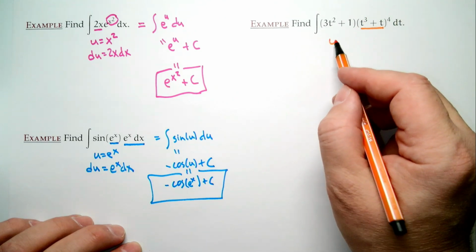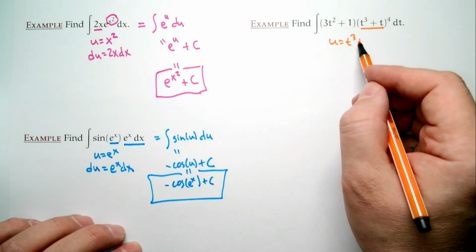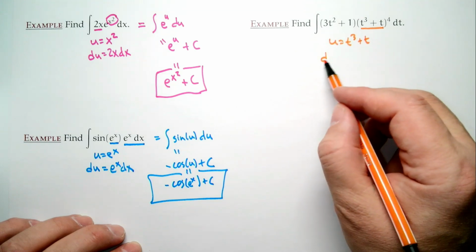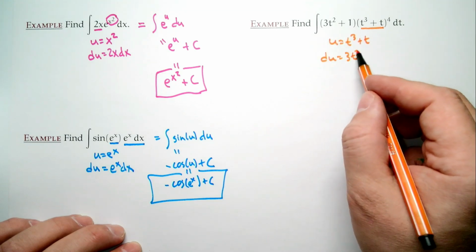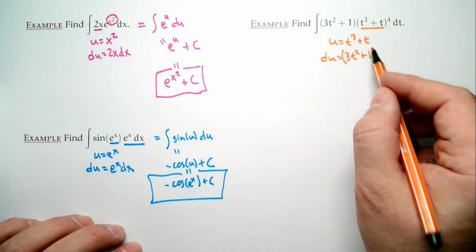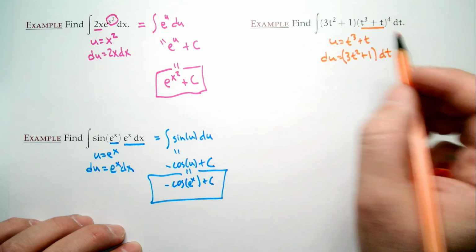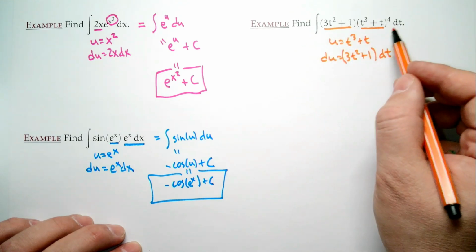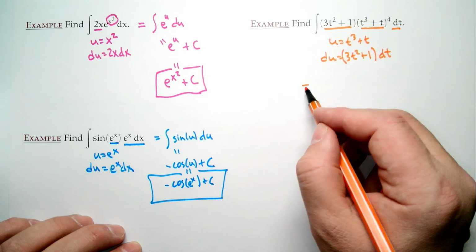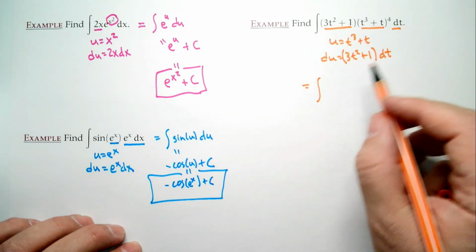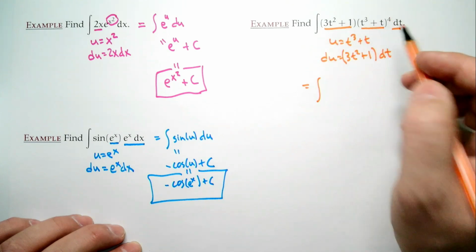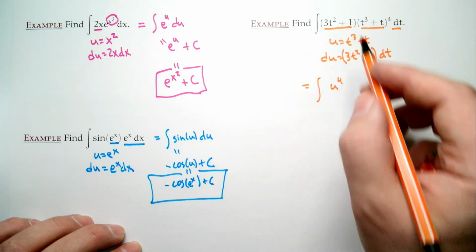So if you set u equal to t cubed plus t, then du becomes 3t squared plus 1, then dt. So the 3t squared plus 1 dt will become our du. So this becomes the integral of u to the fourth, and then du.